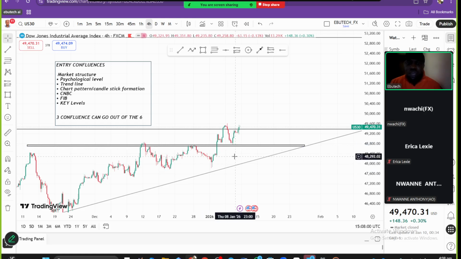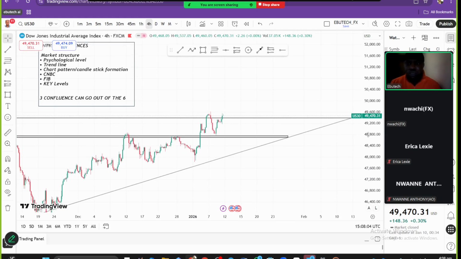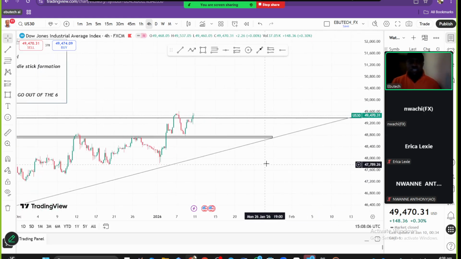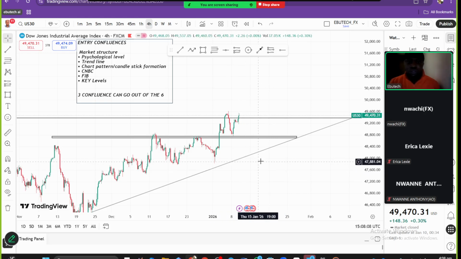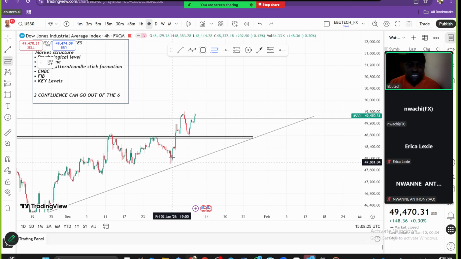Right? So now what do we do? If we want to see what is going to happen in this market from next week, what do we do next? Now that we have figured out our trend line, the psychological level and the key zones, we still have to bring out our Fibonacci, because this place you are seeing now is what engineered this buy up.